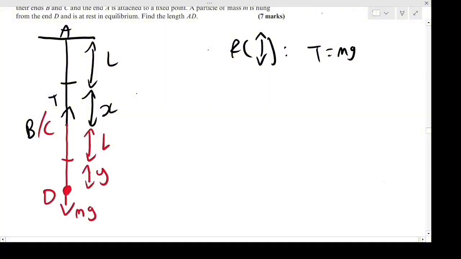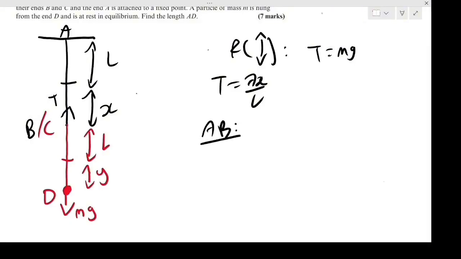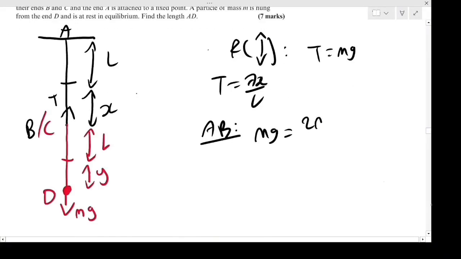Now I'm going to use T is lambda x over L. For the black string, from A to B, I know that T, which is mg, is going to be lambda. For AB, the modulus of elasticity is 2mg, okay? Times the extension X over the natural length L.